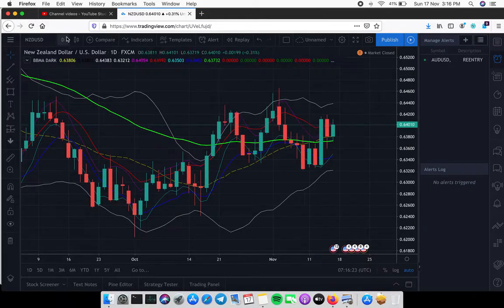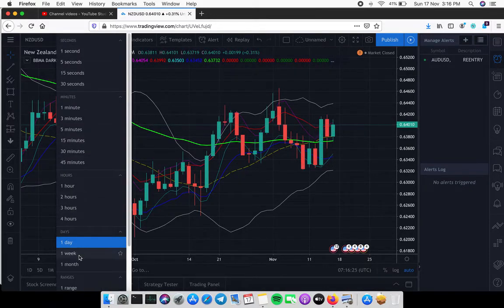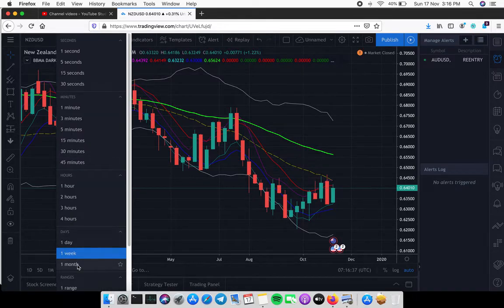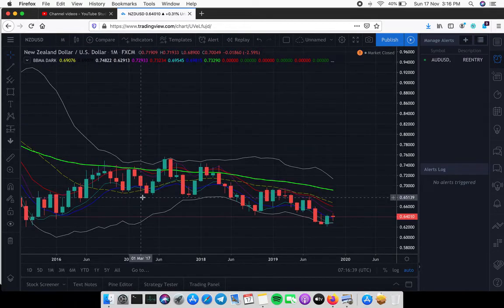So as you can see, to me, is it a sell or is it a buy, right? If I'm selling, I'm worried that this is MHV. Let's look at monthly, it looks like it's going to make a re-entry sell.